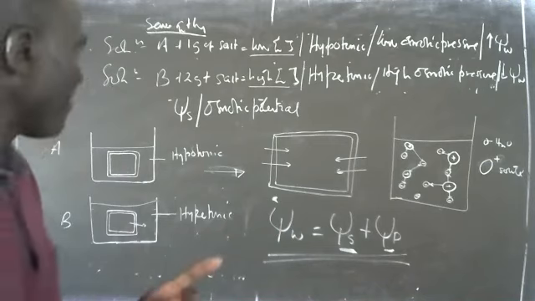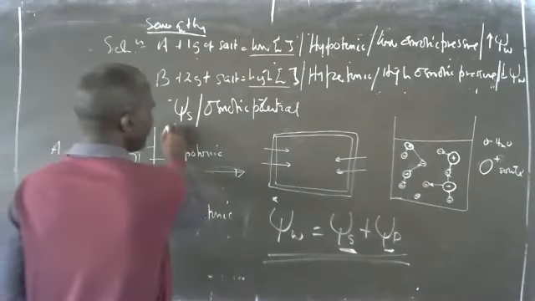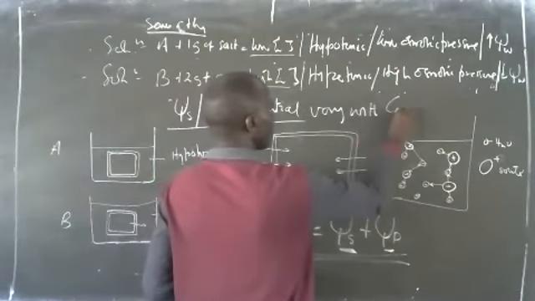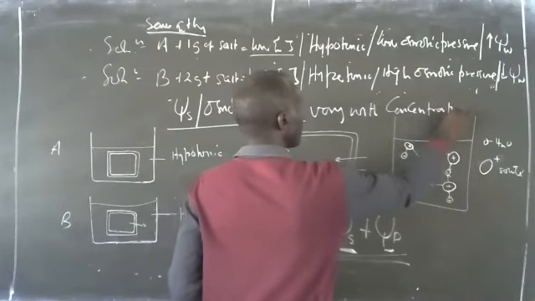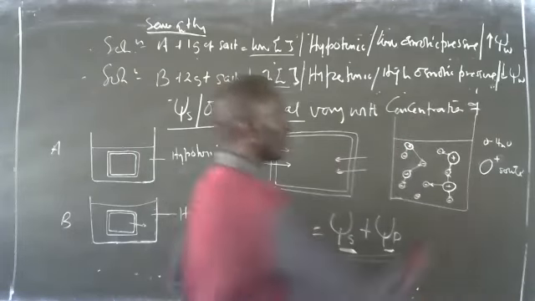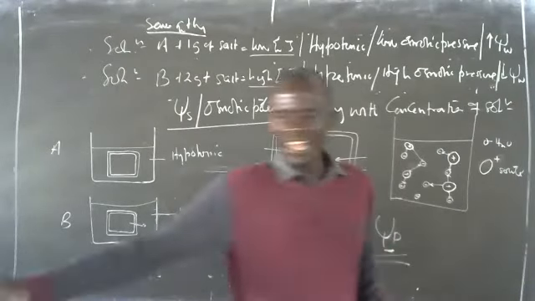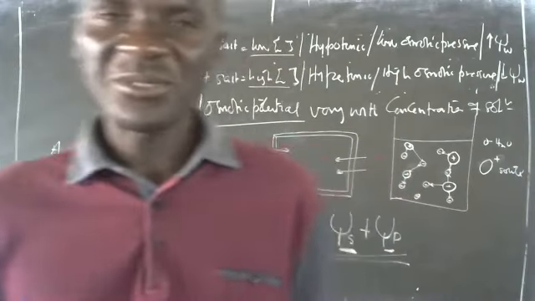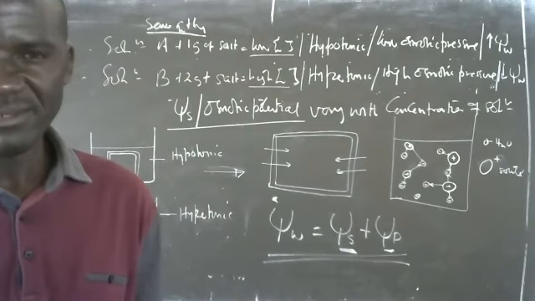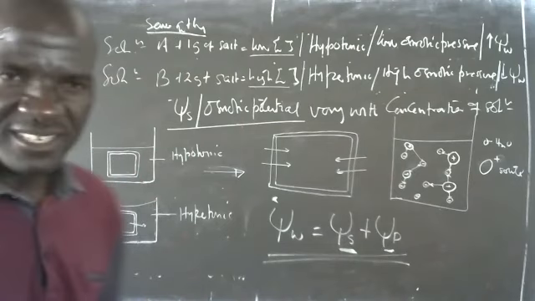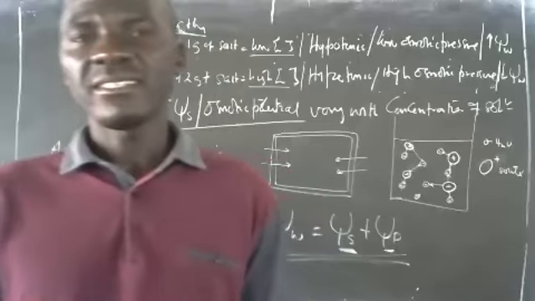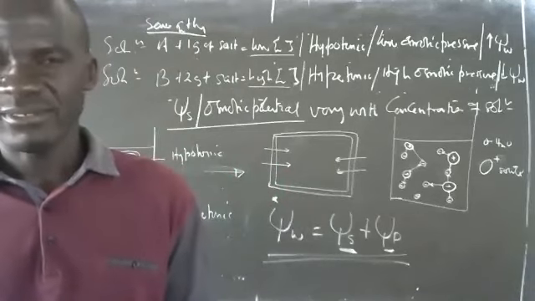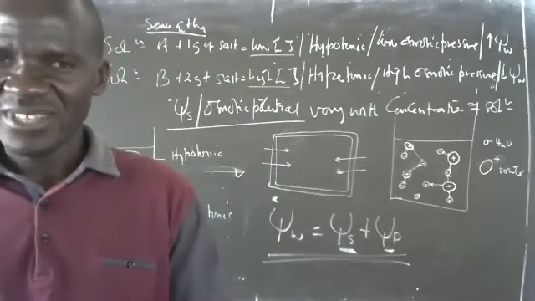I want you in your time to find out how this one varies with the concentration of the solution. What I mean is, if I increase the concentration, what happens to solute potential? In other words, between A and B, which one has a lower solute potential or a lower osmotic potential? I want you to find out that.